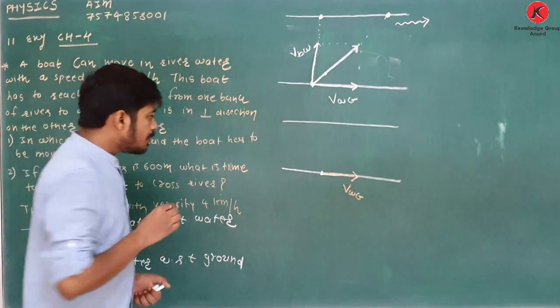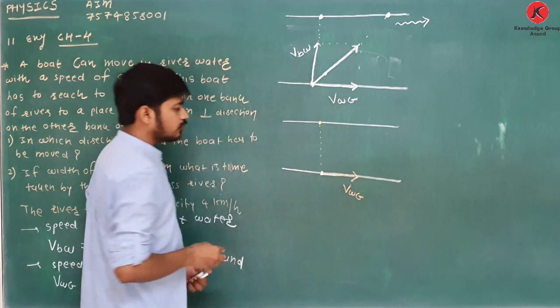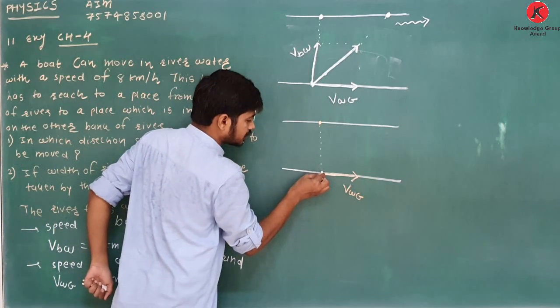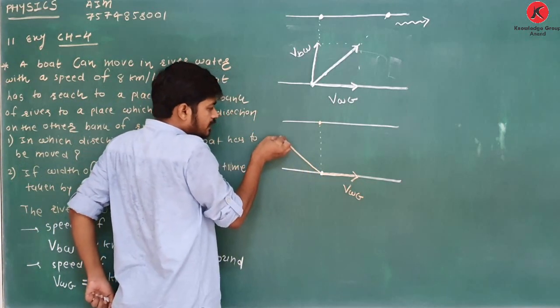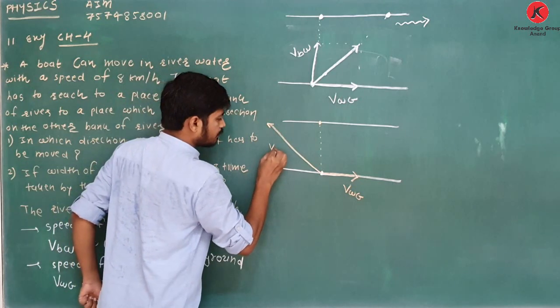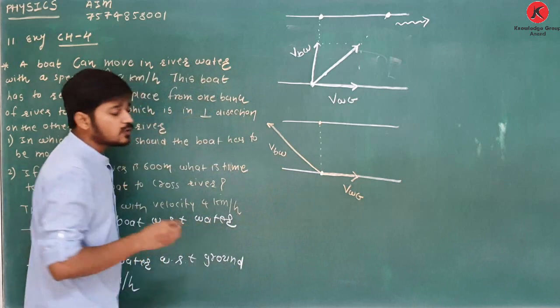Now, if I want to reach at this perpendicular point, and if I move in this direction, it is VBW. Then what happens?